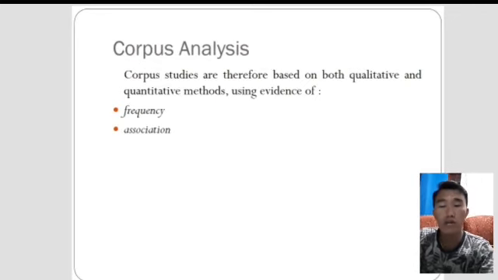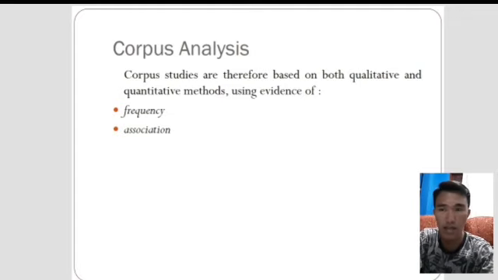And now we move on to the corpus analysis. So corpus studies are therefore based on both qualitative and quantitative methods using evidence of frequency and association. So what does it mean by frequency and association here?